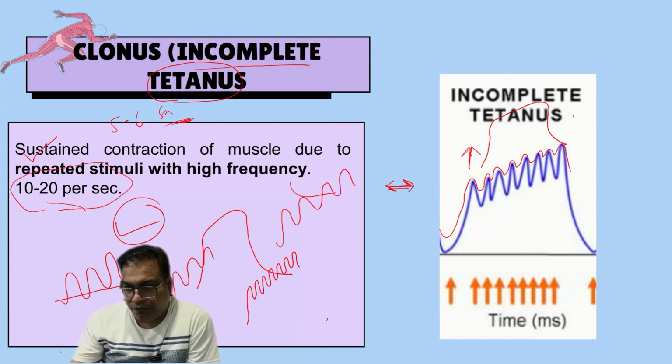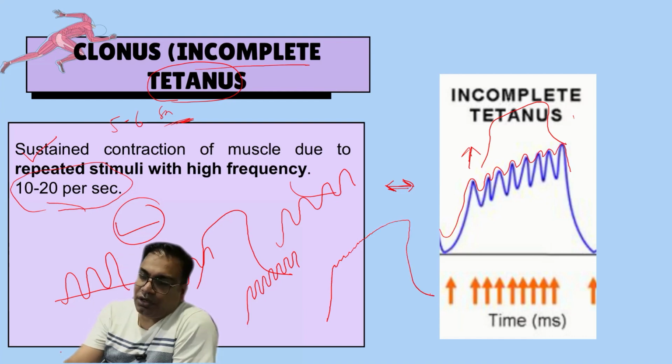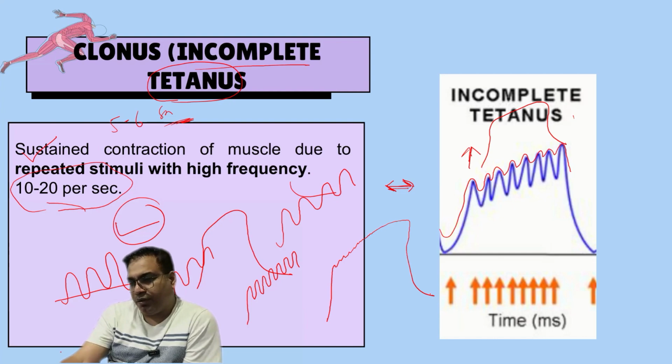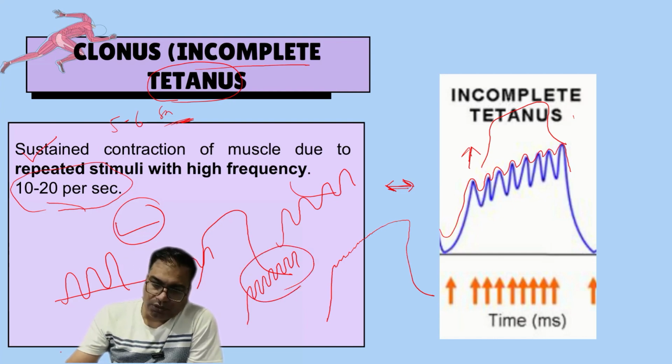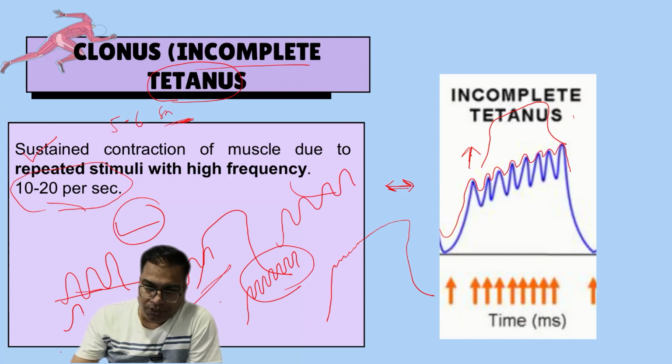And again, if the frequency is increased, then there will be tetanus. This condition is called tetanus or complete tetanus. Clonus is called incomplete tetanus. This is the summation, and this graph is of the staircase or Treppe phenomena.